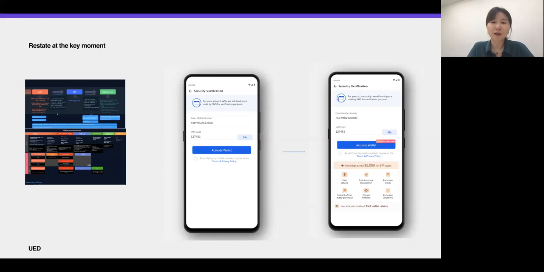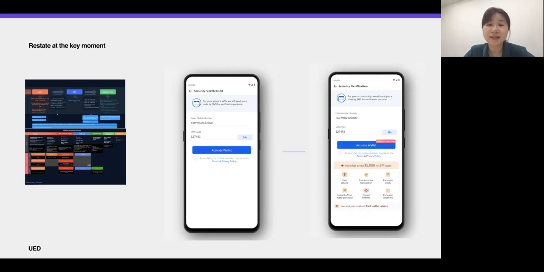I know recently, gradually, all the different platforms are advocating their wallets. But within Lazada, there are a couple of things we did to make sure our customers understand the value of such a product.